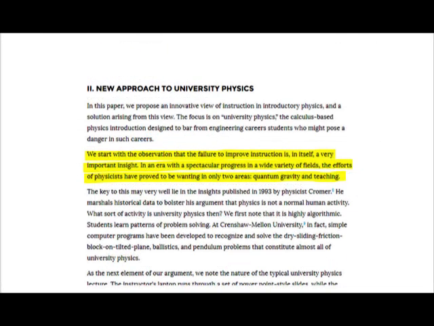And, more to the point, we start with the observation that the failure to improve instruction is, in itself, a very important insight. In an era with spectacular progress in a wide variety of fields, the efforts of physicists have proved to be wanting in only two areas: quantum gravity and teaching.